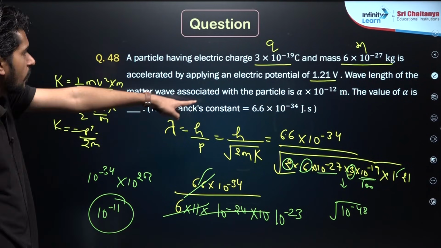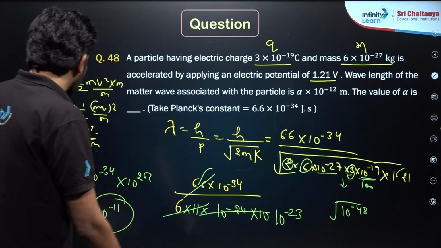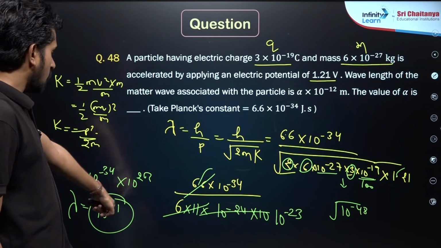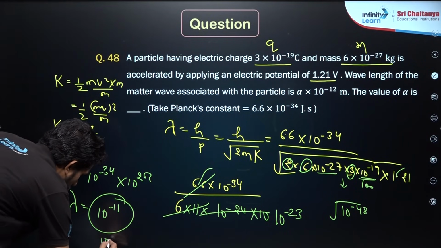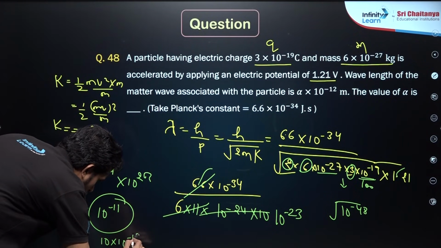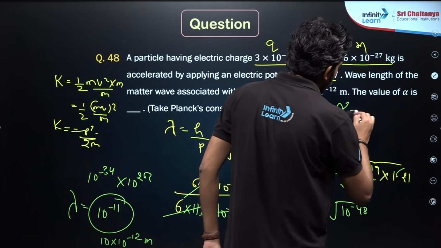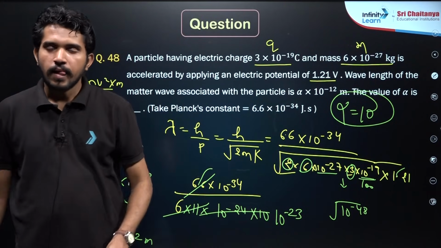And alpha value is given, the wavelength value. This is what value of wavelength in meter, 10 raised to minus 11. So could I write it as 10 into 10 raised to minus 12 meter. So alpha value is what? Alpha value is 10. Understood?